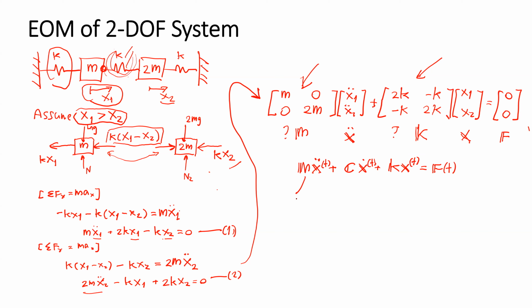M is the inertia matrix, C is damping, and K is the stiffness matrix.